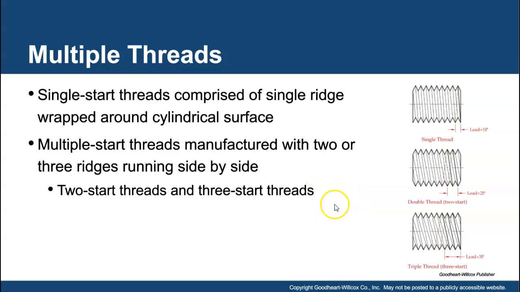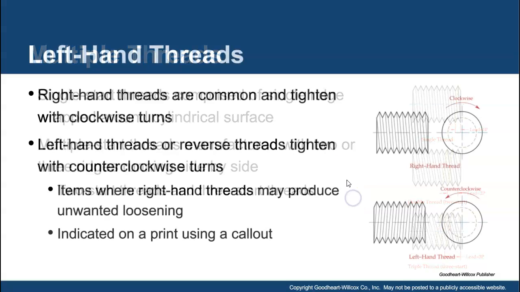A potential application for a 2-start or a 3-start thread would be on submarines. Think about your hatches when you're getting ready to dive in a submarine. You want to drop that hatch and get it screwed down tight as quickly as possible, and it's the use of a double or a triple thread that allows that to go faster.